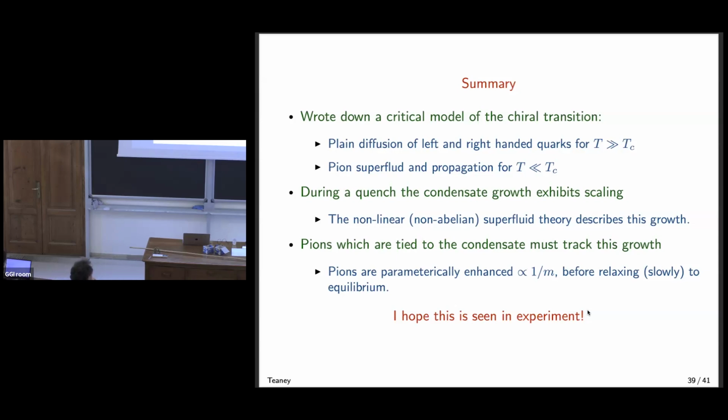Because it has 2 hydrodynamic limits on either end. It has vanilla diffusion of quarks on one side and pion superfluid on the other. And in between, it does something, right? And you only really need the critical dynamics in between, right? So during the quench, the condensate has sort of generic growth, right?